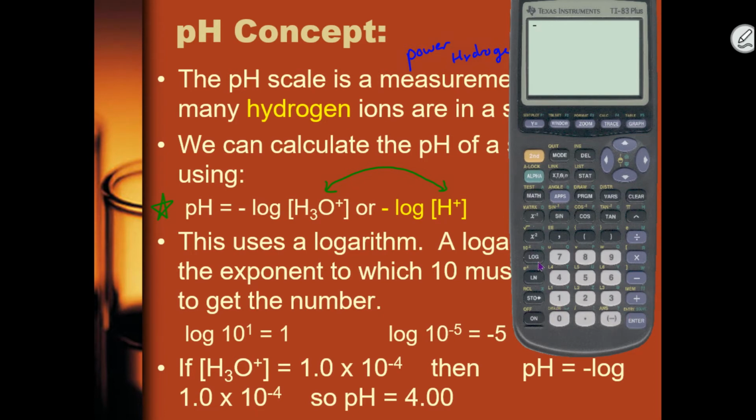I would do the negative log of 1.0 times 10 to the negative fourth, which I can still use my shortcut, second comma, which gives me E, which is times 10 to the negative fourth. And when I hit enter, you'll see that my value is 4. Now let me show you, I can type it out fully and say negative log, and then I can do 1.0 times 10 to the power of negative 4, close parentheses, and we still get the same value of 4.